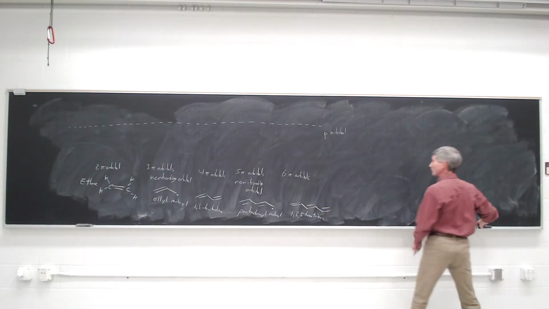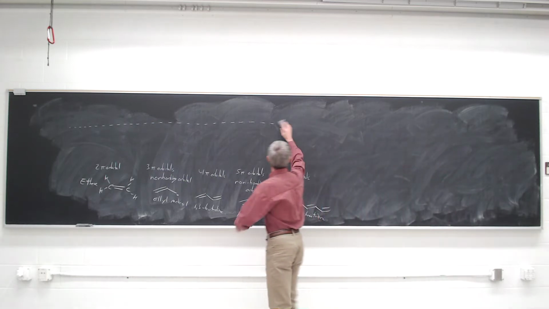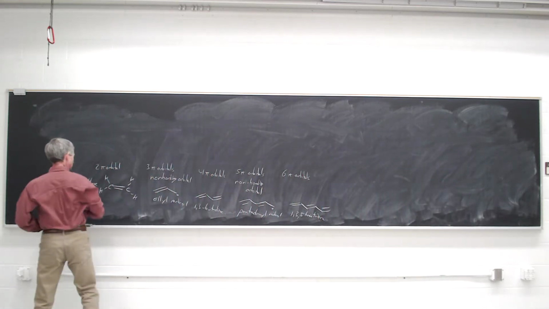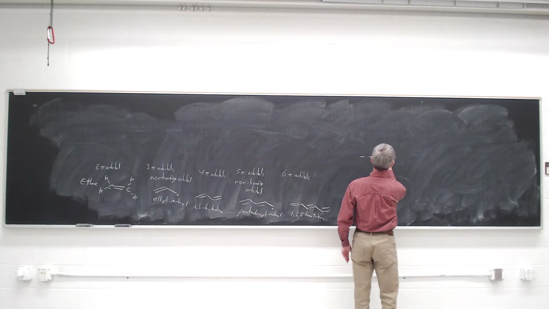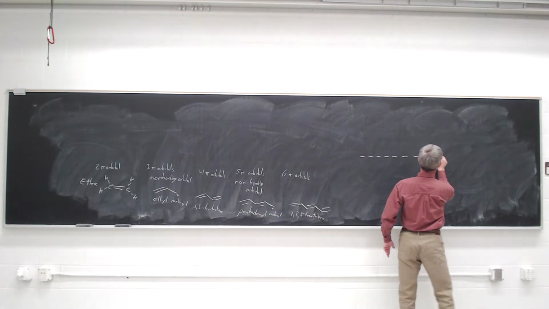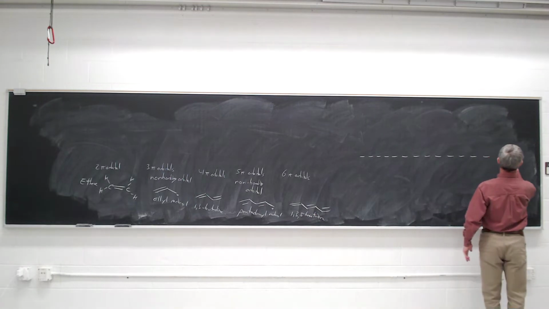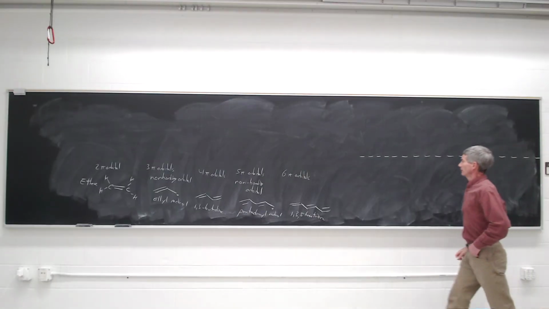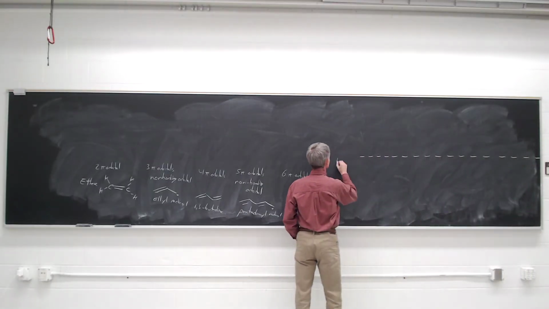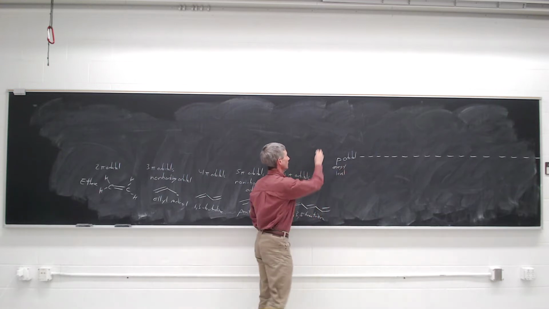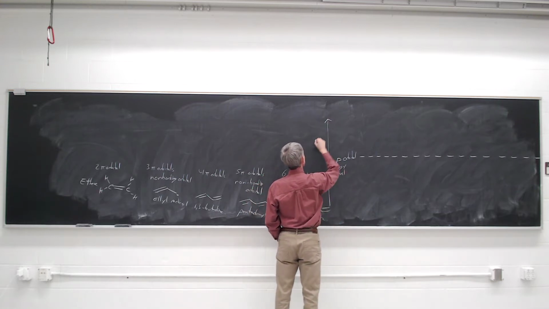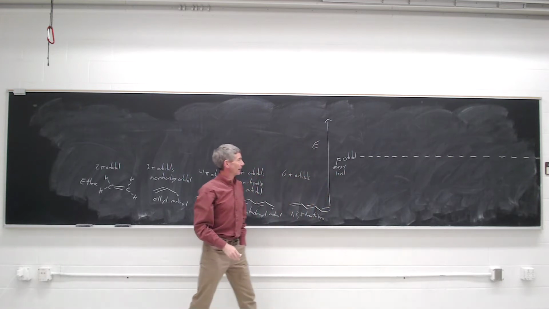Actually, I think I'm going to do this over here so I have the entire board. I'll put my p orbital energy level down the center. Energy on the vertical axis.